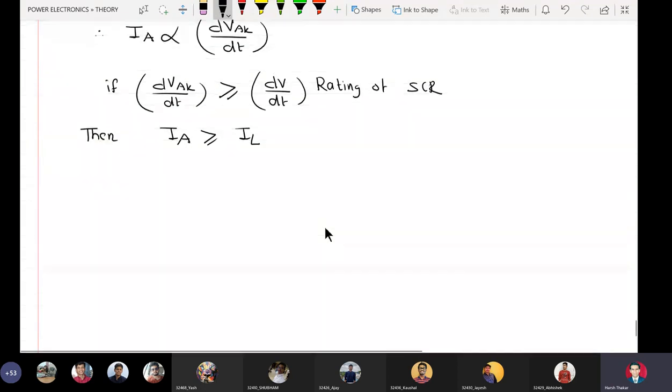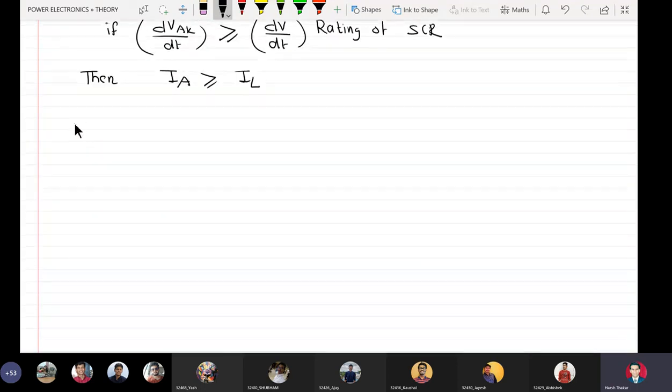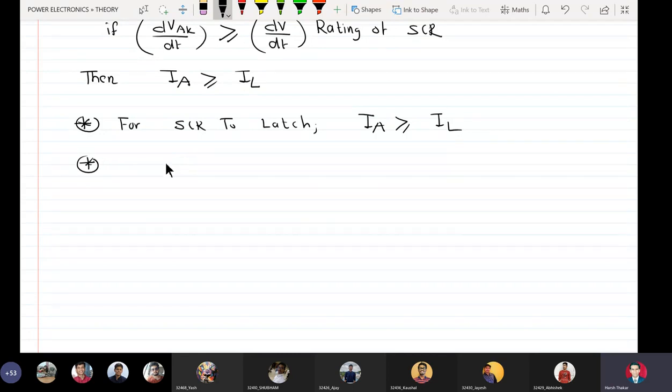So what is the mathematical computation now? Mathematical computation is very simple: for the SCR to latch, we know that IA should be greater than or equal to IL. Now according to our above transient model analysis, we know that IA is equal to CJ2 into dVAK by dt, which now should be greater than or equal to IL.